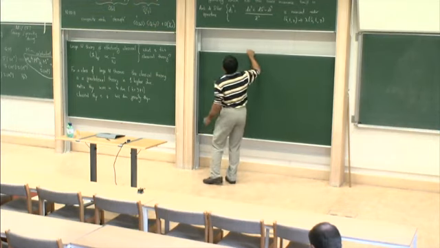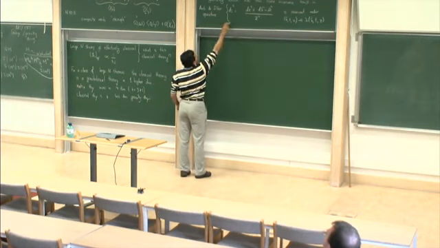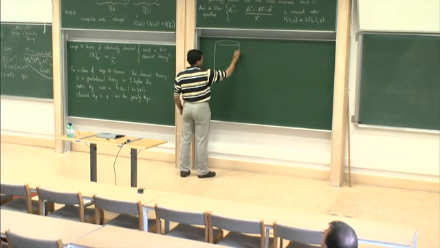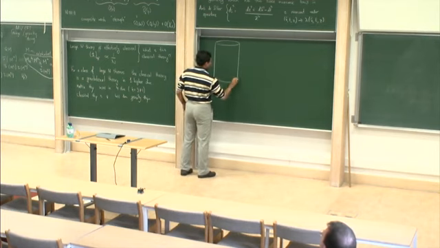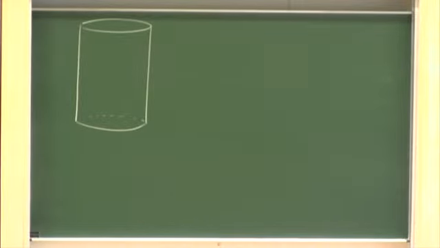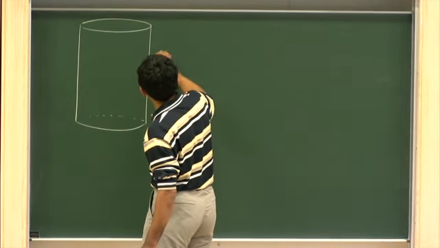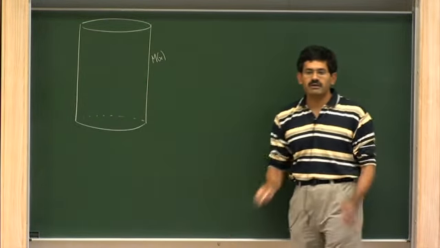Okay, so let me draw a picture which is a bit useful. I'll encode this geometry in a much simpler cartoon, which I think captures everything one wants. One can think of a cylinder, a soup can if you will, and you can think of the matrix degrees of freedom living on the boundary of the soup can.